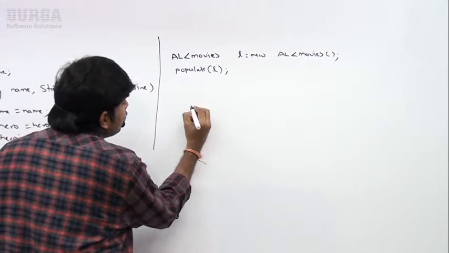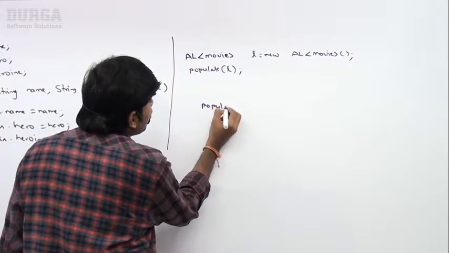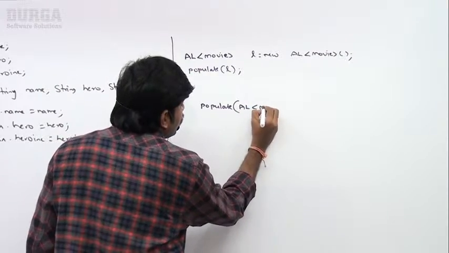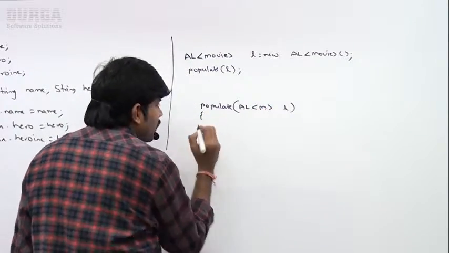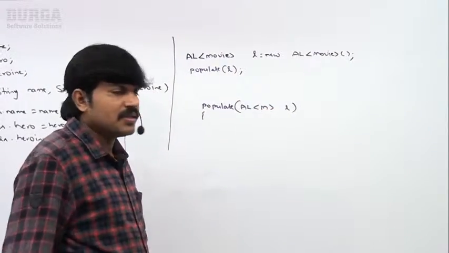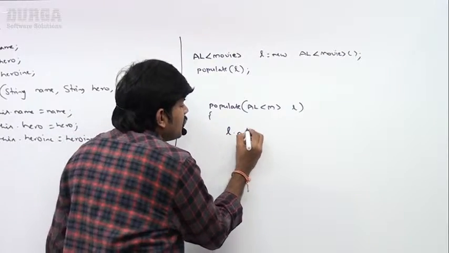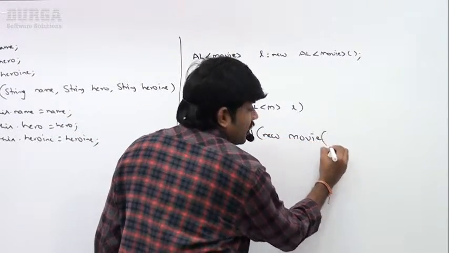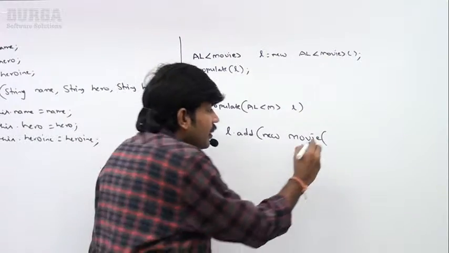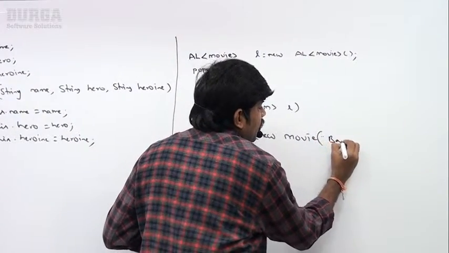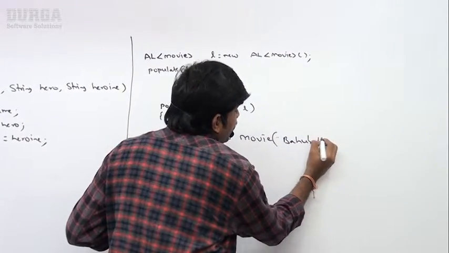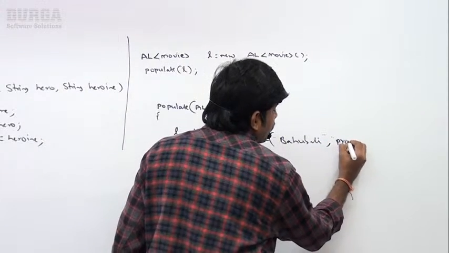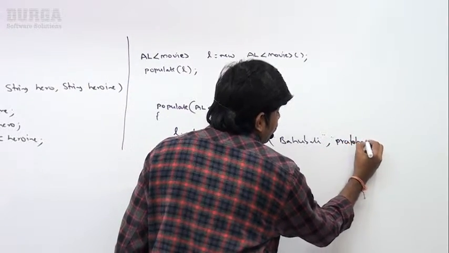Of course, in my populate method, ArrayList of Movie l is the argument. Here I will add some objects, right? l.add of new Movie, like, sir, movie name, something like Bahubali. Next, hero, something like Prabhas.